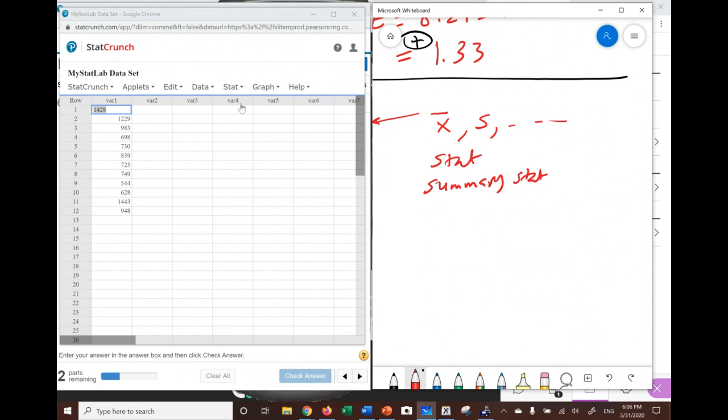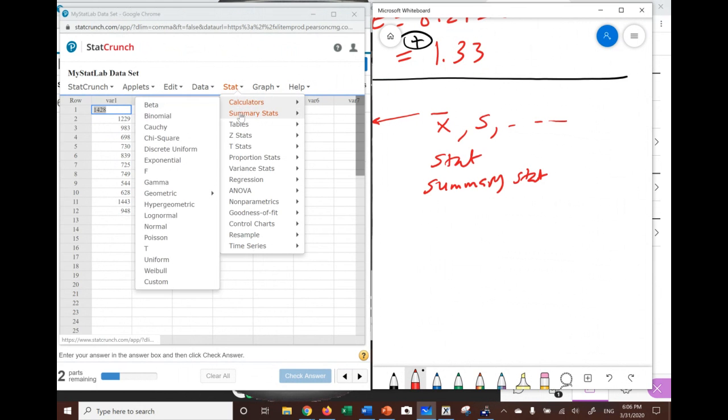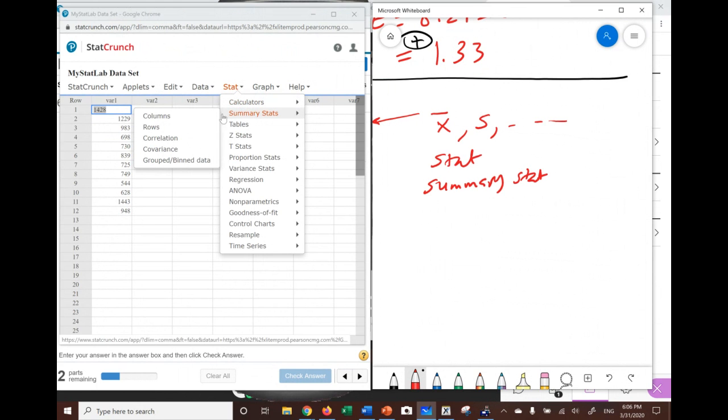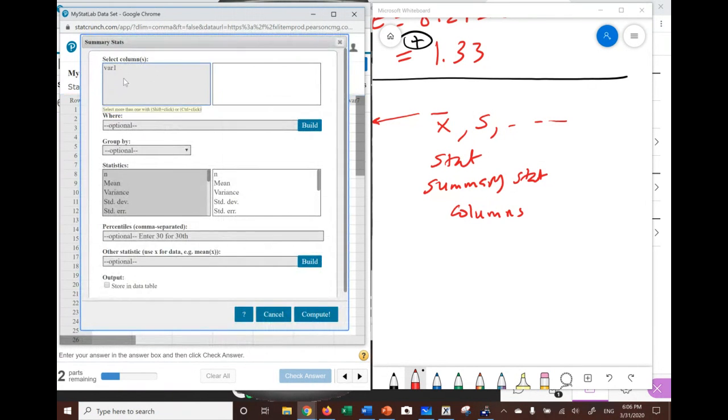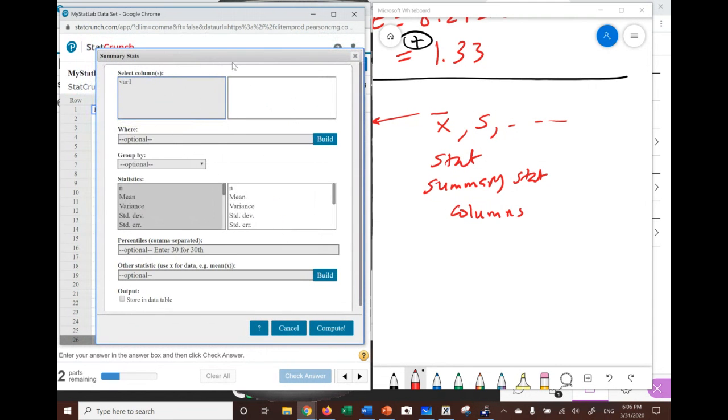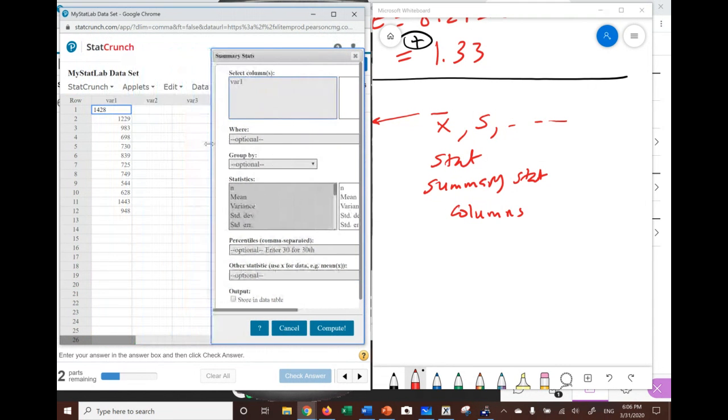Let me just take it step by step. Stat and down to summary stat. Then you're going to go to the column. When you click on the column here, where it says columns, you're going to see a window. Notice that our data is already under variable 1.